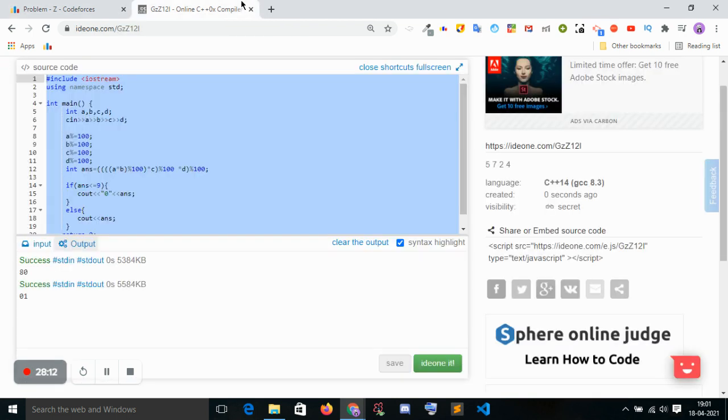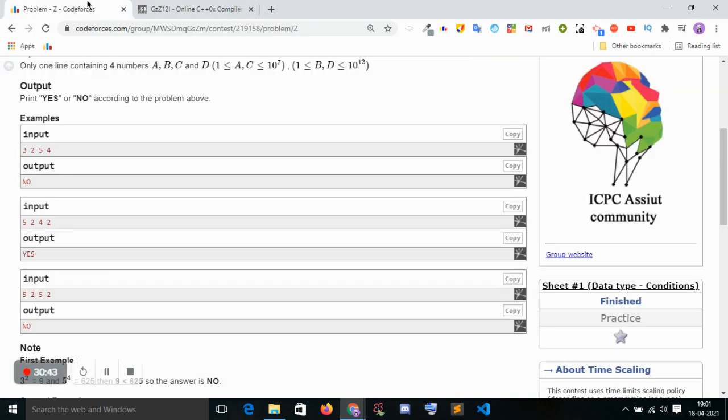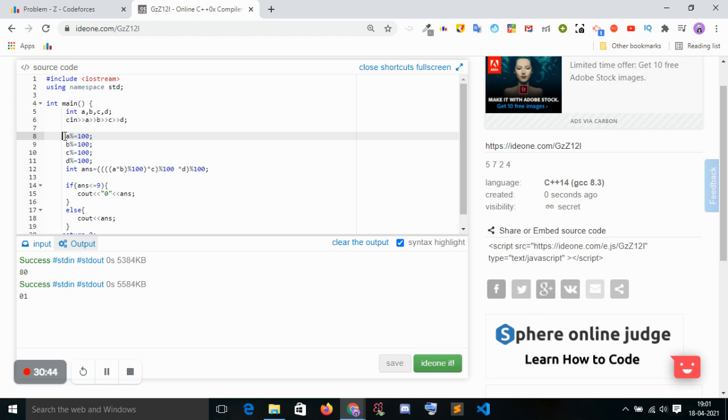So what should I do? We'll take 4 inputs. I have taken the 4 inputs; the previous question is similar to it. Let's try it. First we'll take the log.